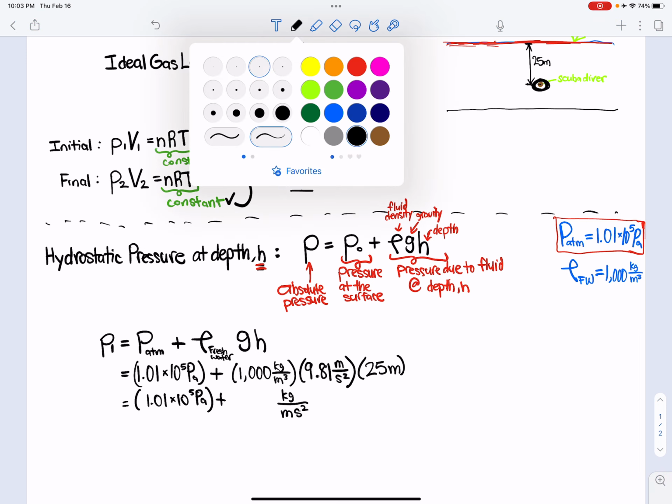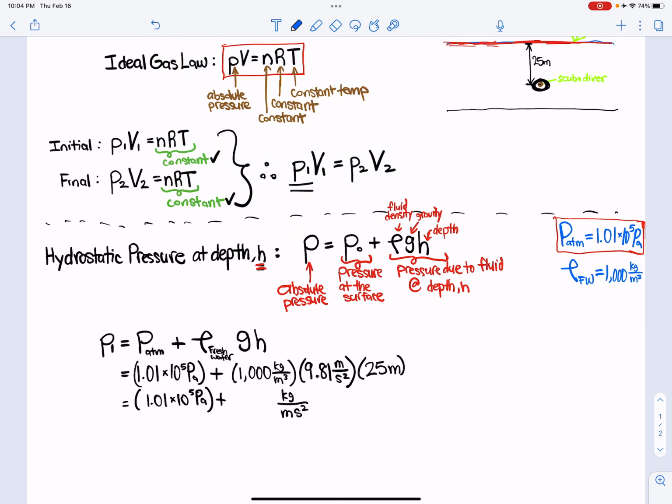And again, this is another thing to have in your cheat sheet, but the unit Pascal is equivalent to the unit kilograms per meter second squared. So these two are equivalent. They're interchangeable units, right?